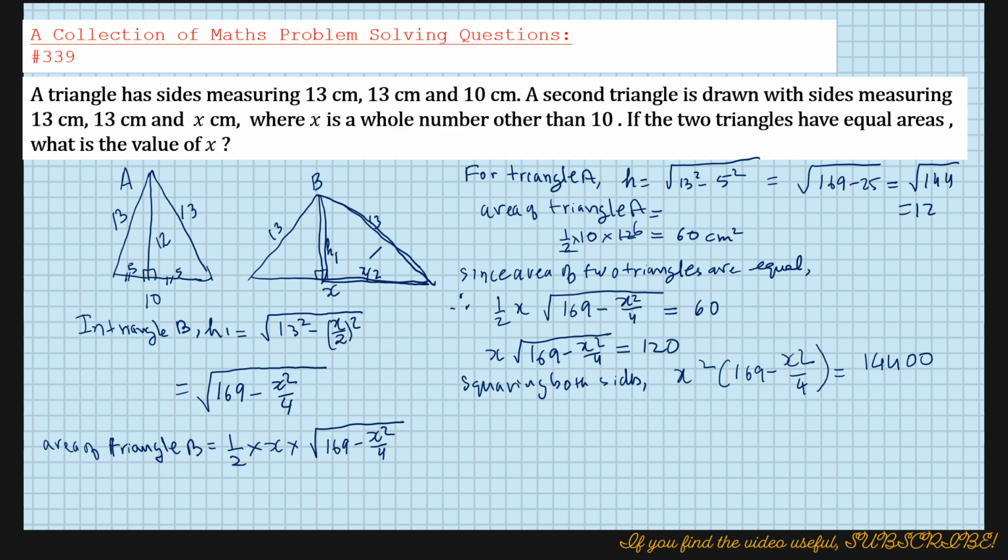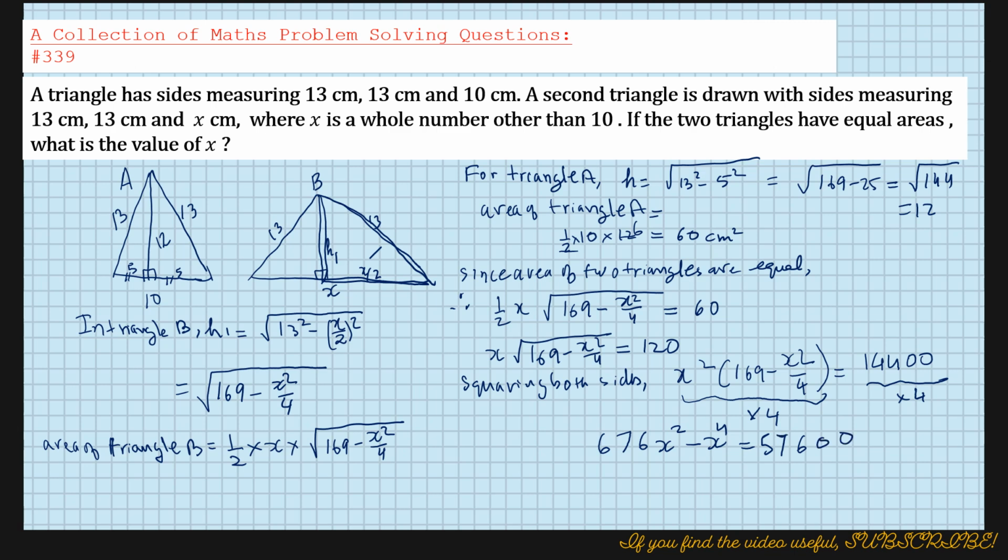Now if we multiply throughout by 4, the whole left-hand side multiplied by 4 and the right-hand side also multiplied by 4, we multiply 4 times 169, which is 676, so 676 x squared minus x to the power 4 equals 14,400 times 4, which is 57,600.